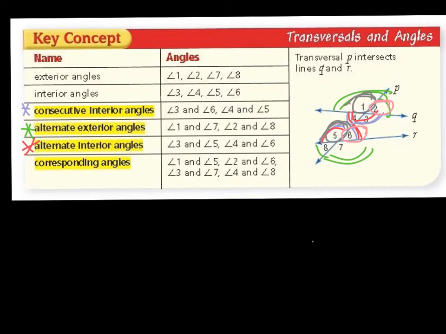Angle 3 is in the lower right-hand corner, and so is angle 7. And angle 4 is in the lower left-hand corner, and so is angle 8. So you can see from my overlapping diagram that different angles have different names based on what relationship we're talking about.